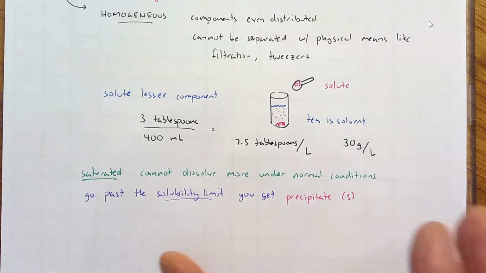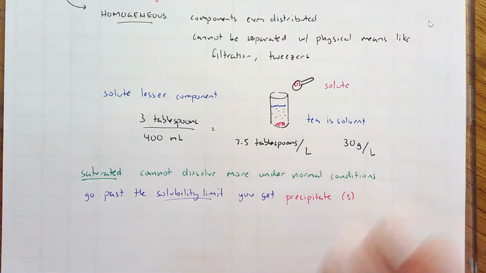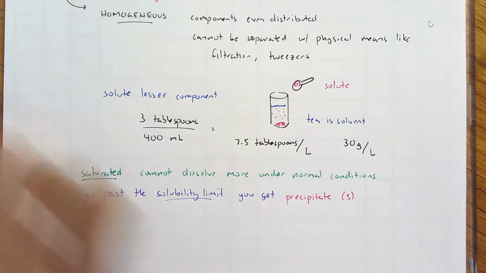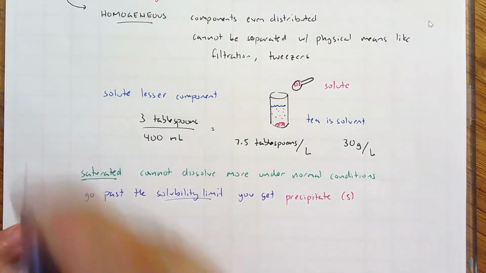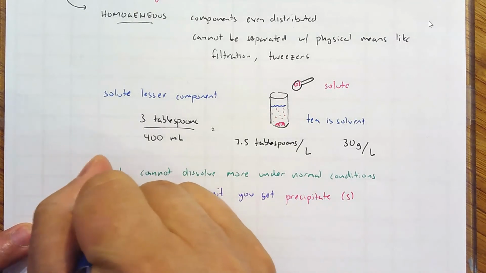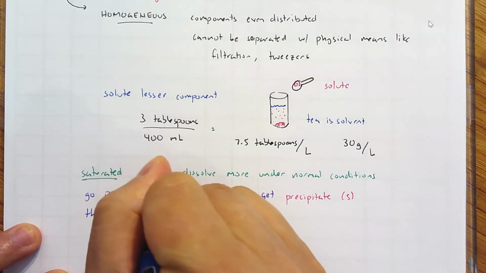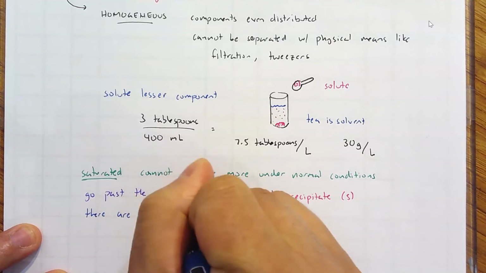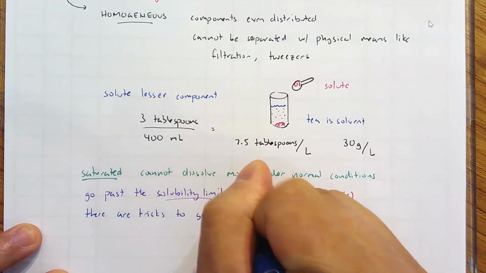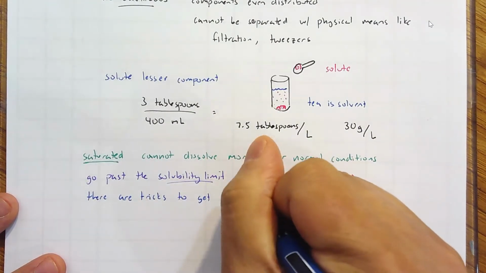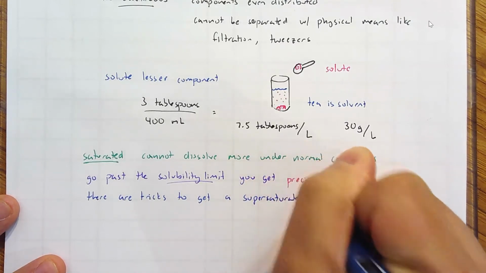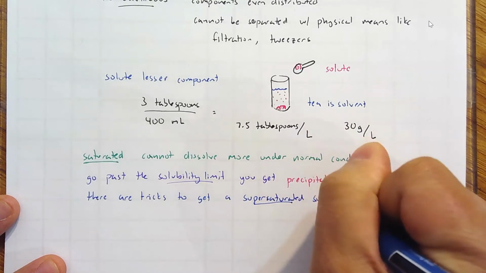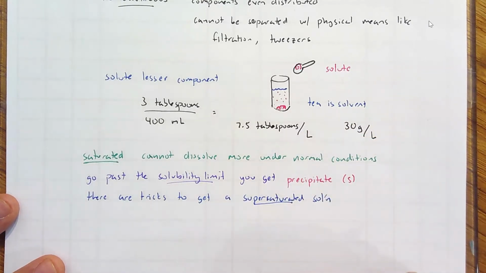I have no idea what my color coding means, so don't try to interpret that. Oh, but there are tricks. Why don't we use blue? There are tricks to get what's called a supersaturated solution. We'll abbreviate solution, SOLN.